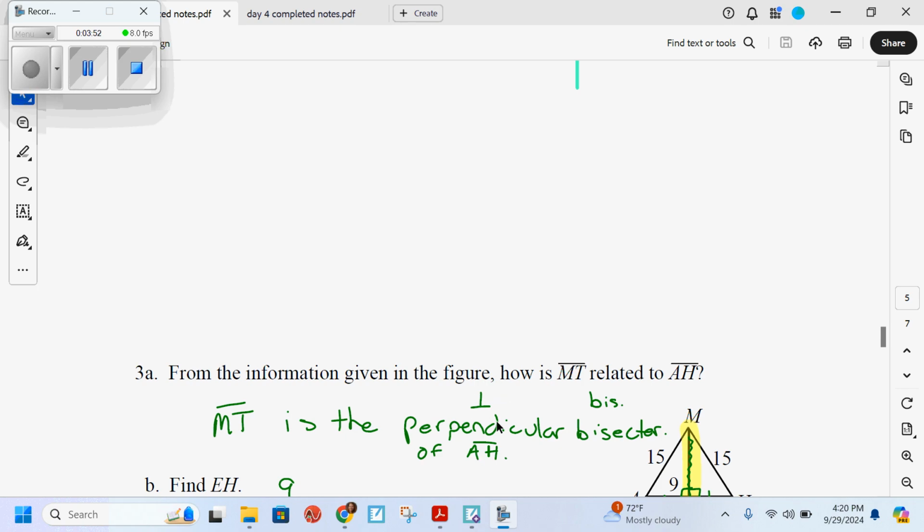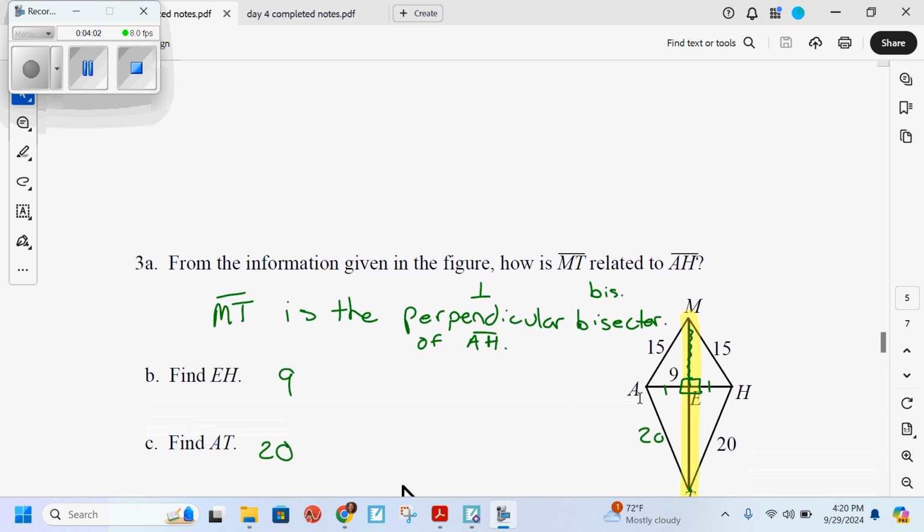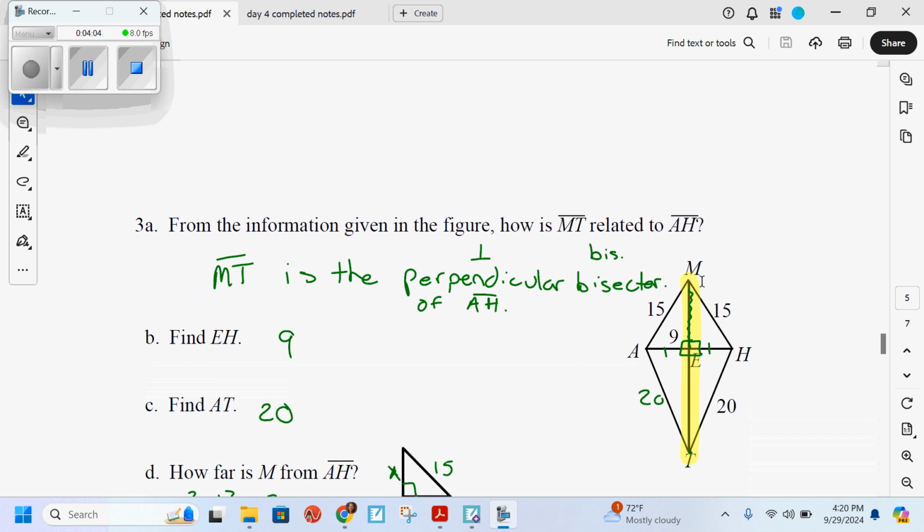So notice I abbreviate perpendicular with this upside down T, and bisector I can abbreviate with BIS. So if I know I have the perpendicular bisector, MT right here, then I know a lot of things. I know that this point right here, since these are both 15, that's the perpendicular bisector, and this point has to be equidistant from the two endpoints.